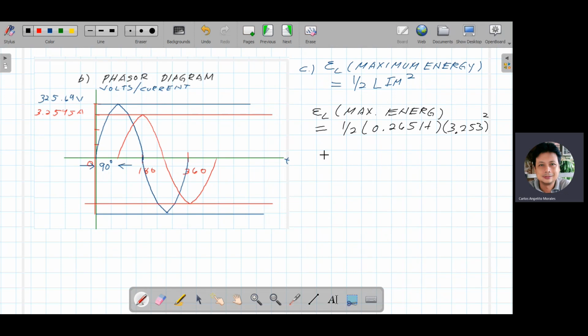The energy is equal to 1/2 multiplied by 0.265 Henry multiplied by 3.253 squared.